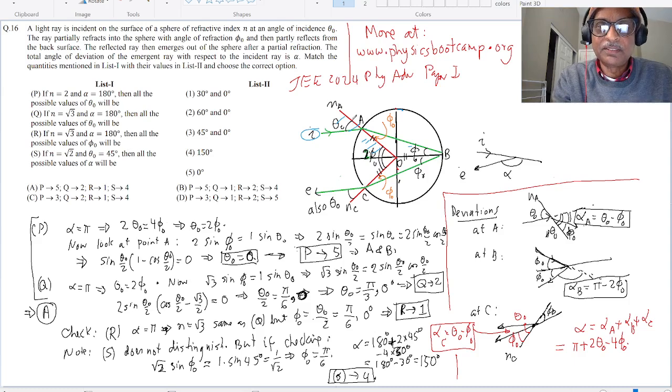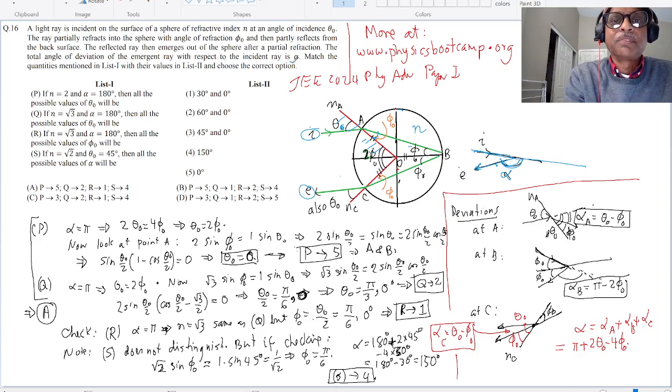This angle is given as theta 0, and the refraction angle is phi 0. They give the refractive index as n. Given the refractive index and this angle, the angle of deviation is between the incident direction and the exit direction. If you extend the incidence line, this angle is alpha.